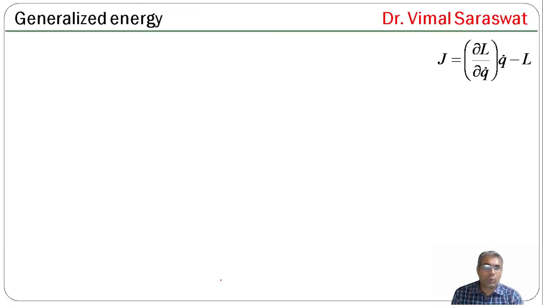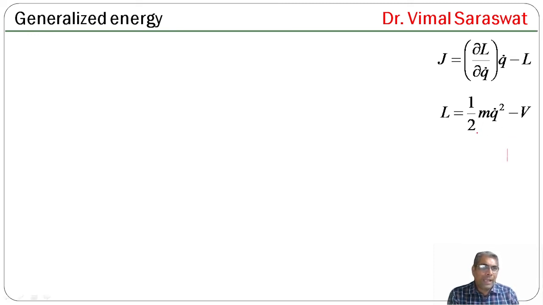Now the Lagrangian L equals half m q̇ squared minus V.